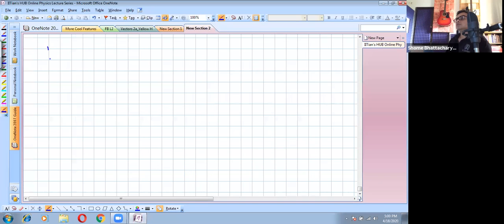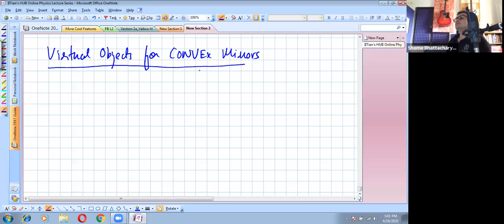So virtual objects for convex mirrors. Now this is something interesting. It will give you a lot of cases.